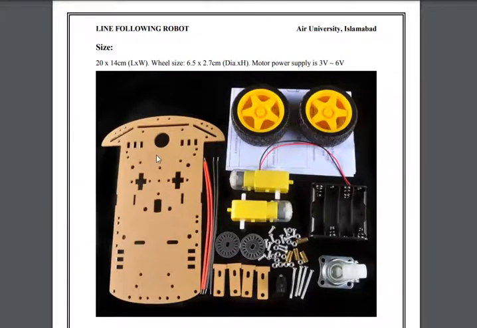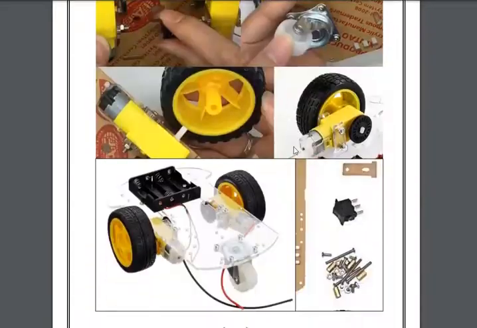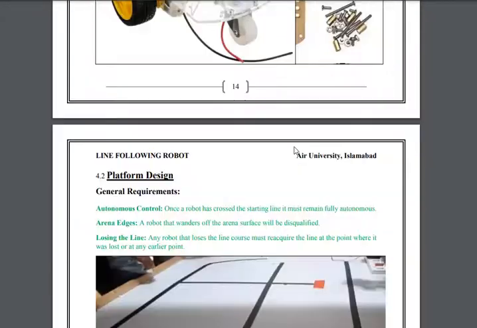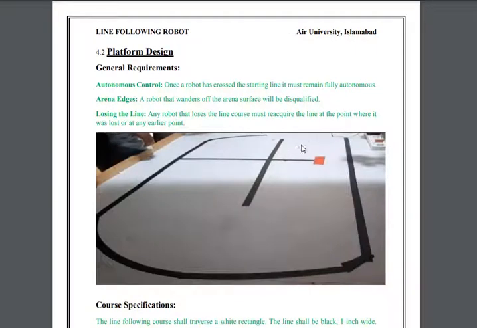These were the components. This is the car kit that we used to make it run on the arena. This was some of the assembly procedure, and this was our arena provided by our university that we had to follow and use.